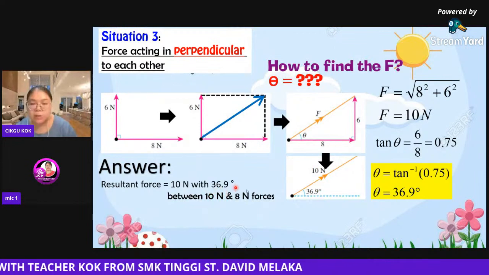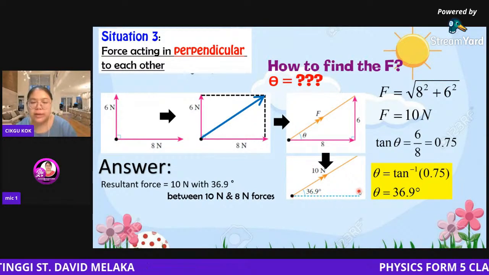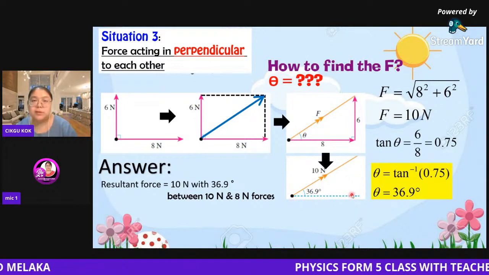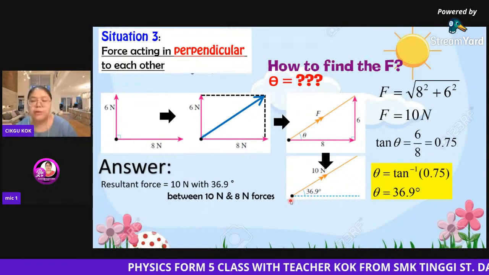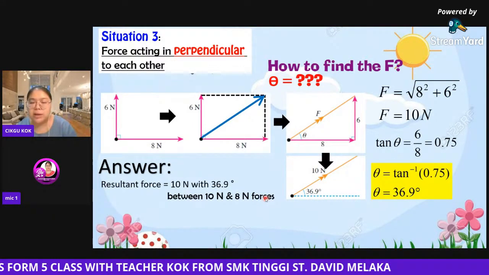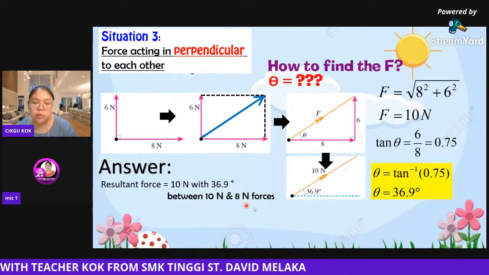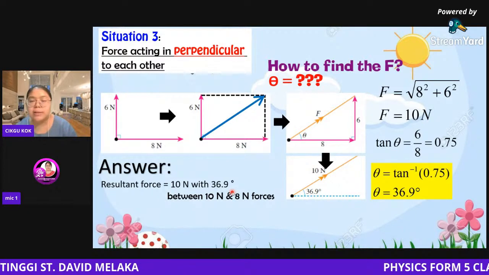Between the 10 Newton, that means the F, and the 8 Newton forces. If you want to mention the 8 Newton force, you straightforwardly mention that this one is a horizontal force. This sentence you must mention because this one is a direction. If not, I don't know where the 36.9 is.